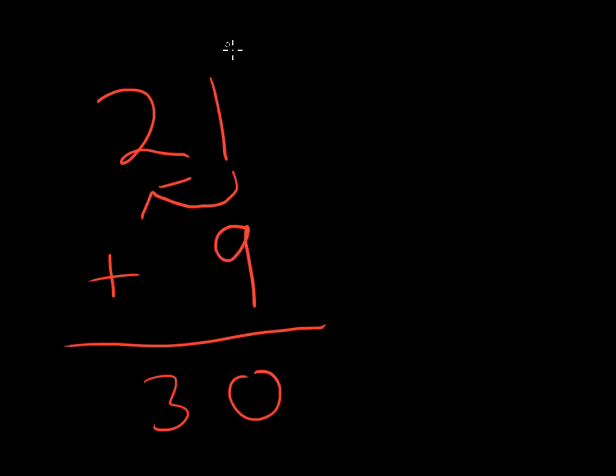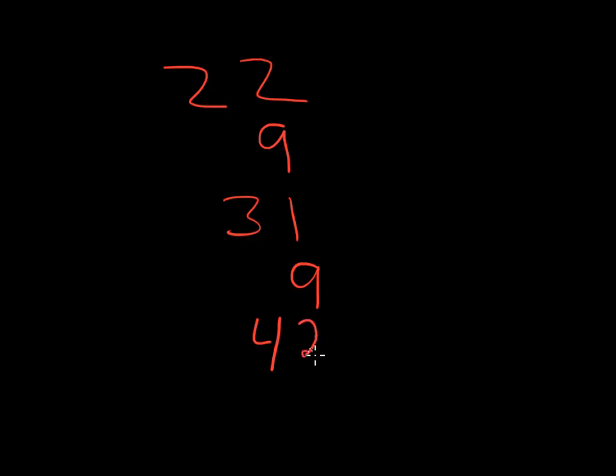Yeah, let's try it again. Let's say that it wasn't 21. Let's say that it was 22. Now, if you tried to add 9, you would get 31. If you tried to add 9 again, then you would get 42. No, you would get 40. Wow.